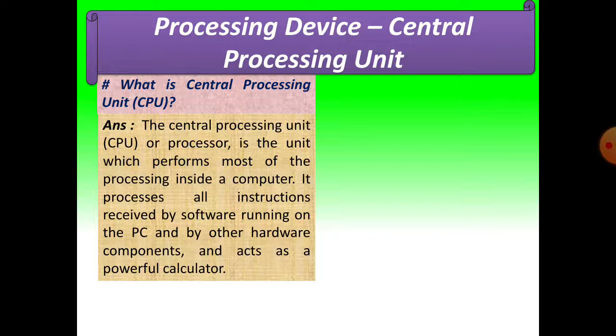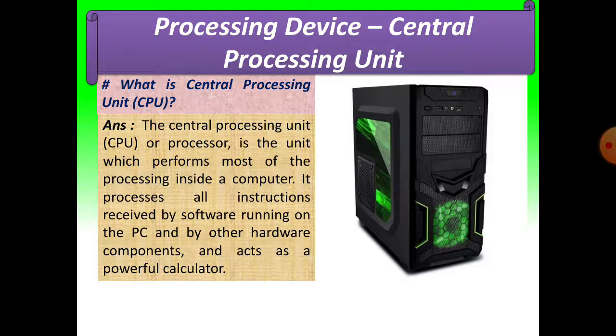It processes all instructions received by software running on the PC and by other hardware components and acts as a powerful calculator. And this is a central processing unit. In short, we call it CPU.